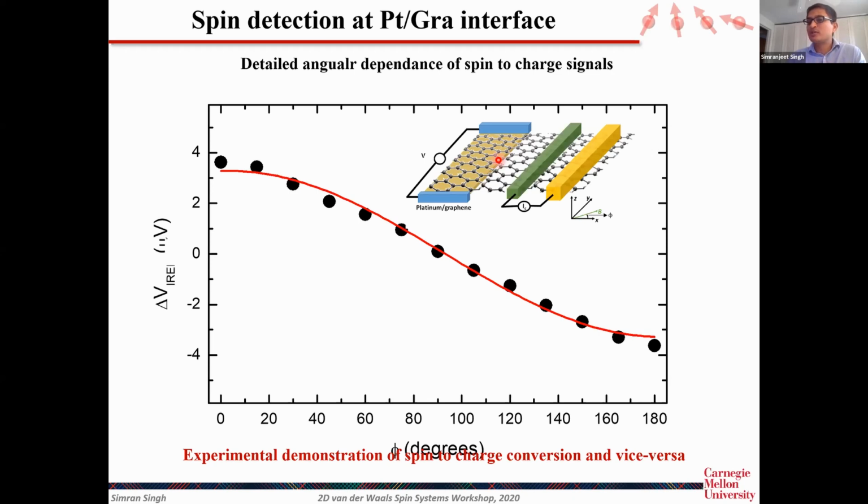The only difference was that in previous works, they had graphene and then put platinum, directly deposited platinum on top of it. The only difference we are making here is that we are trying to control the interface, trying to make sure that the interface is clean, right?